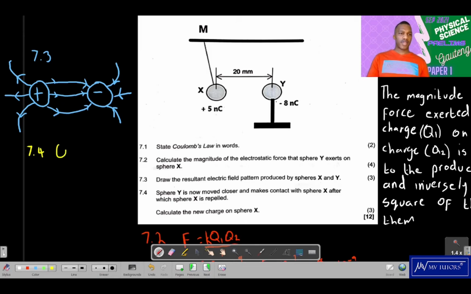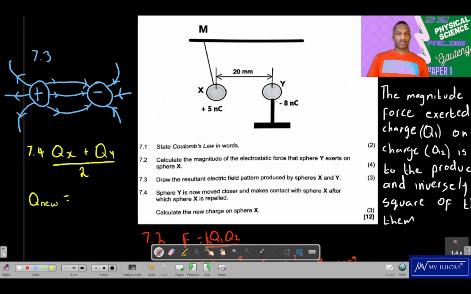It's going to be the charge on X plus the charge on Y, and we even them out. So we divide by 2. That's going to give us our new Q.